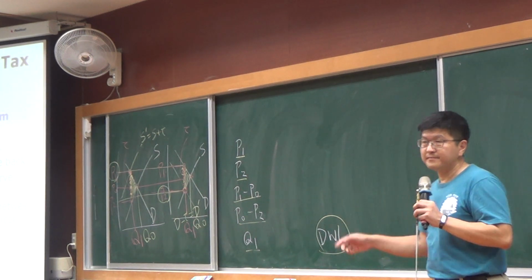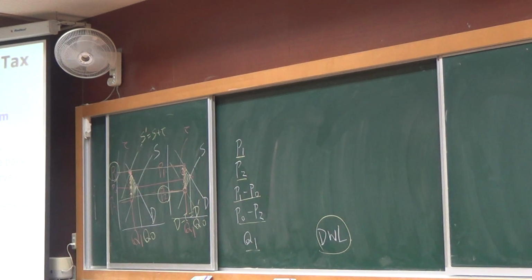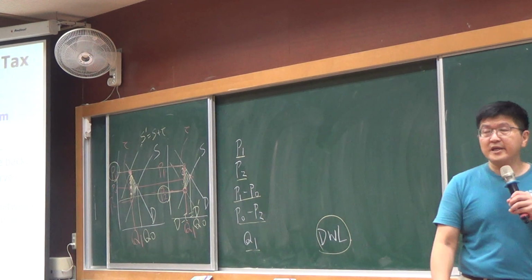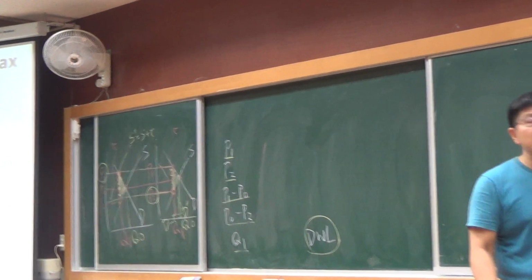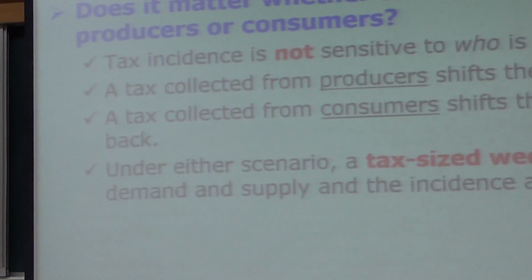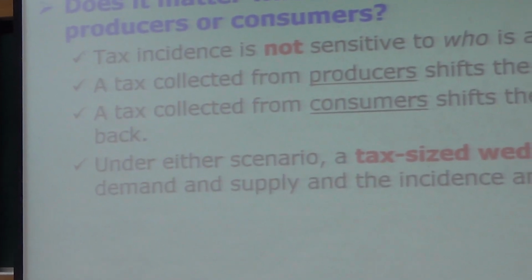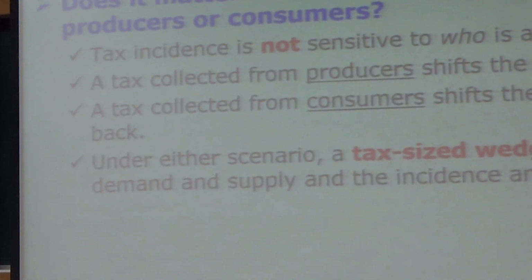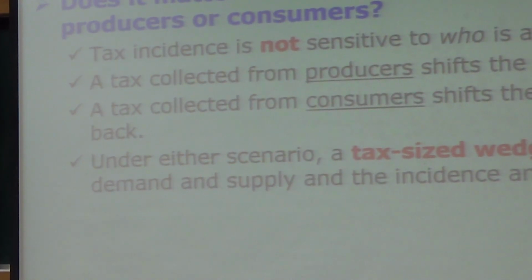Okay? So under either scenario, a tax-size wedge opens up between demand and supply, and the incidence analysis is identical. All consequences are identical except for the market price.